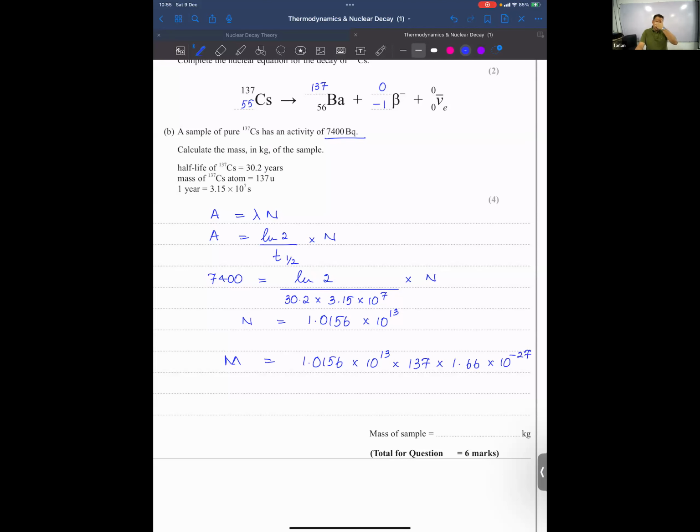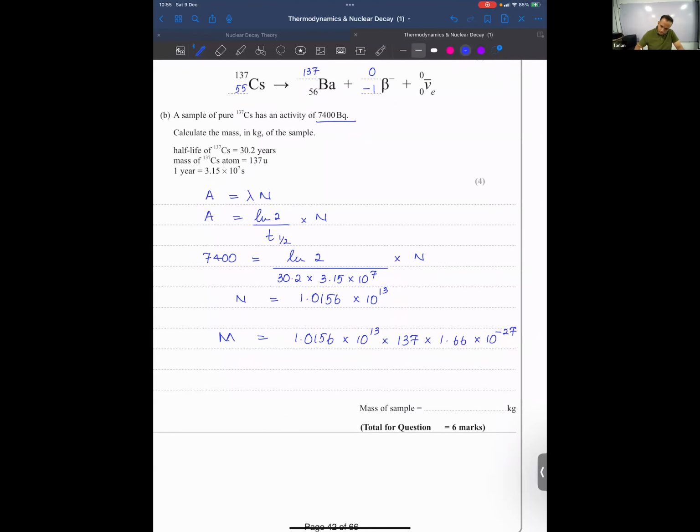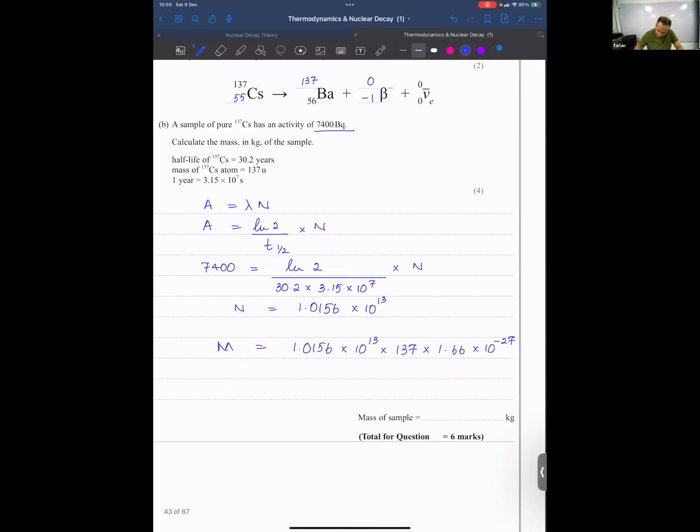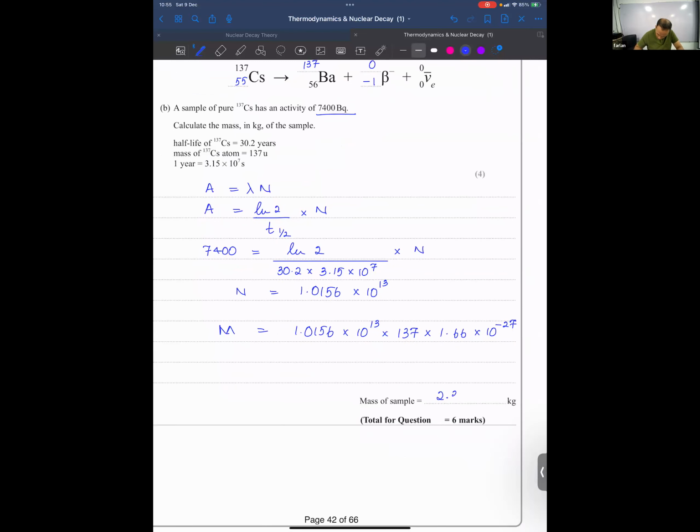So we can get the answer in kilograms. It is 2.31 into 10 to the power minus 12 kilograms.